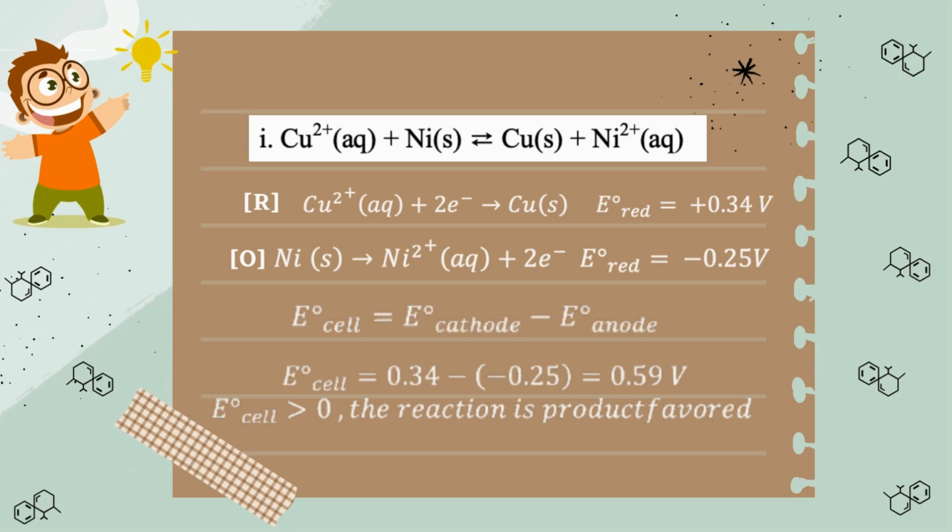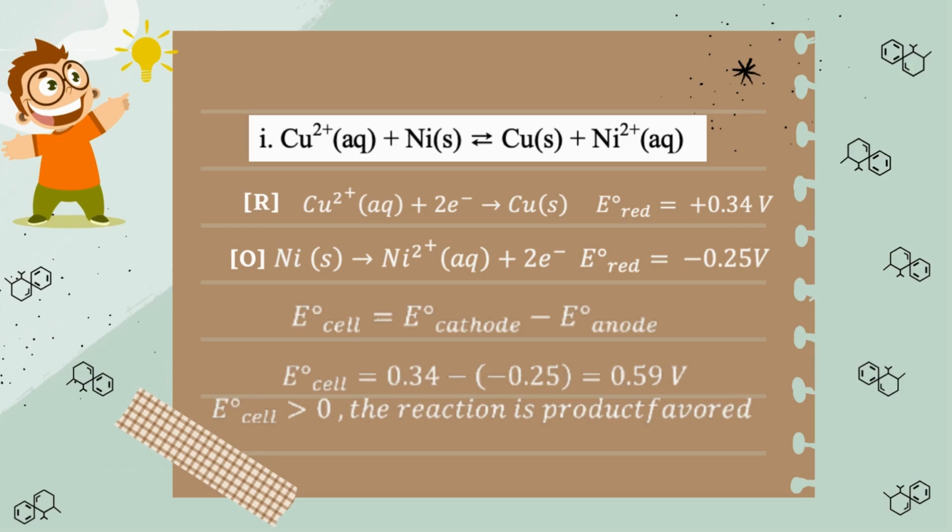Then we can use the equation E0 cell equals E0 cathode minus E0 anode to calculate the standard cell potential. So we get 0.34 minus negative 0.25, which equals 0.59 volt.